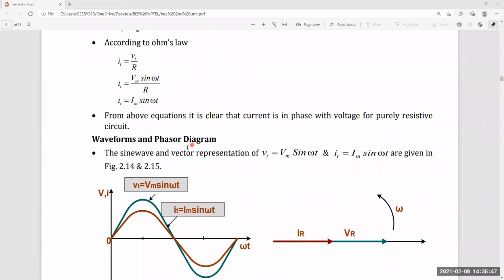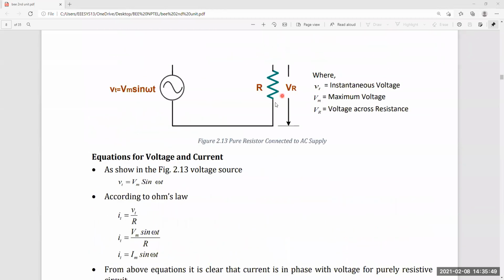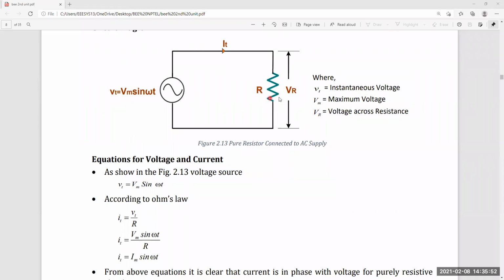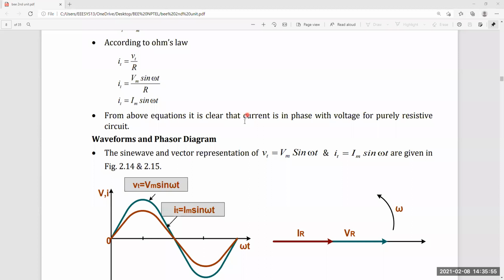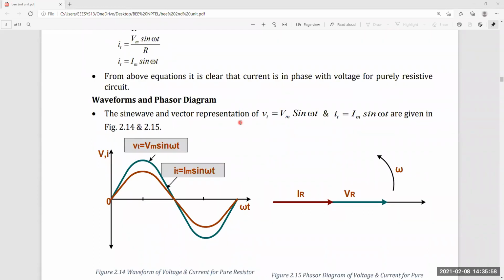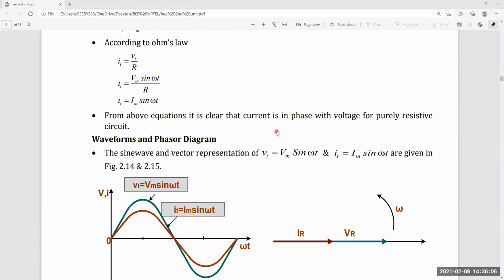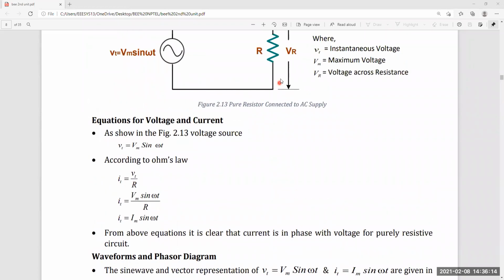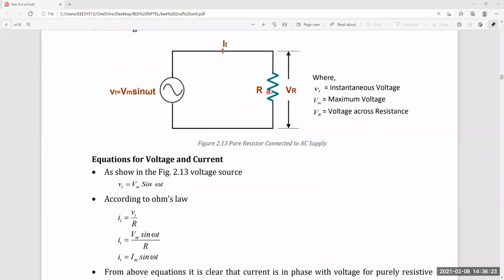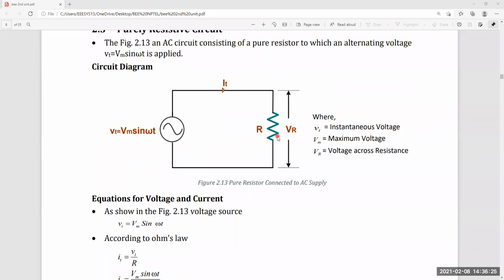These are the waveforms and the phasor diagram. A purely resistive circuit does not oppose sudden changes in current or sudden changes in voltage, because a resistor is not an energy storage device.